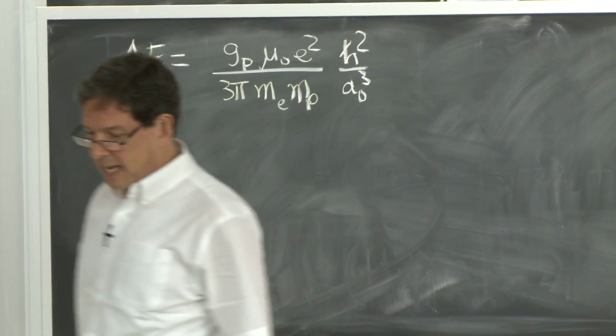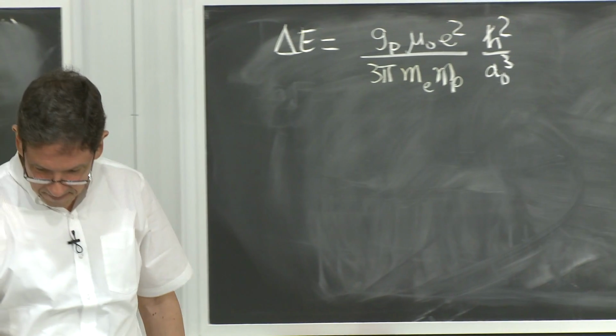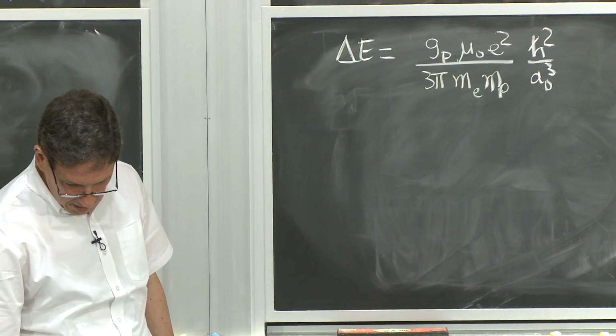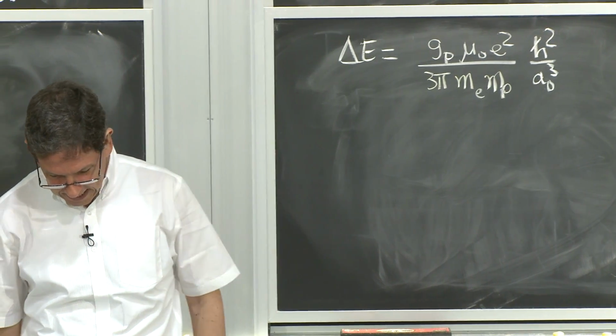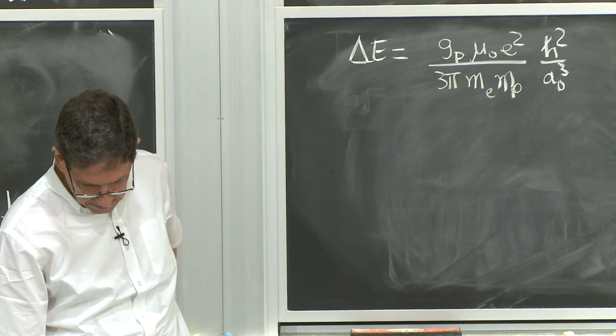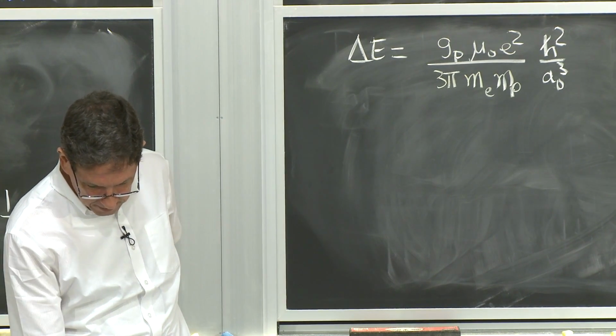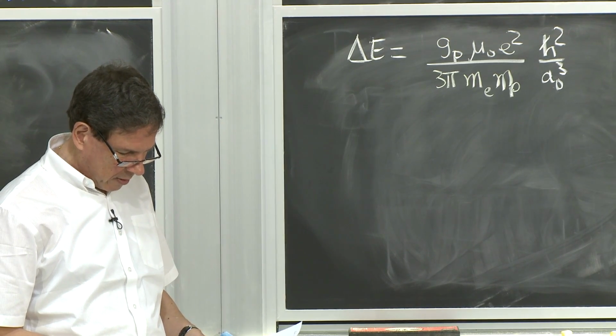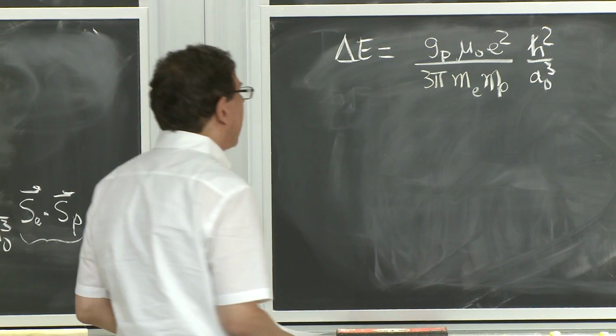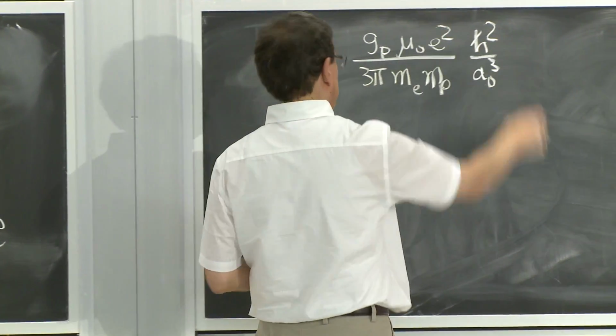The SI units are not the most fun thing in the world. You have to look at what A0 is, and you can do a little operation here and get rid of the mu 0 with a c and things like that. So, manipulation of this constant.